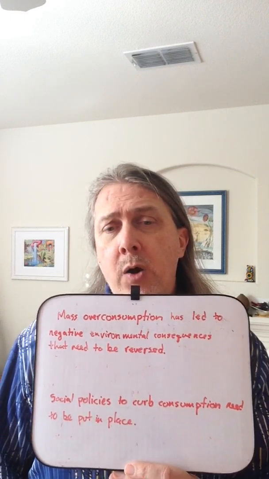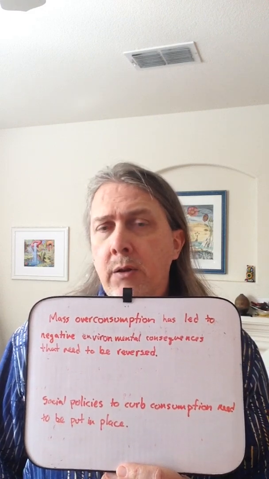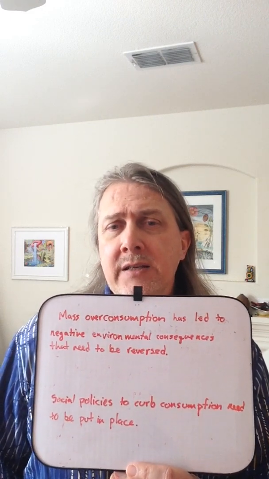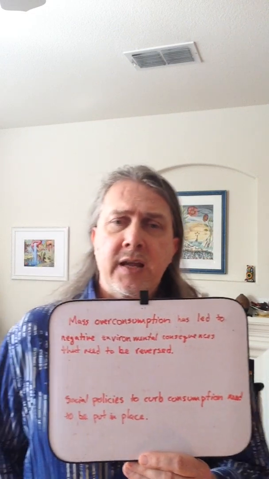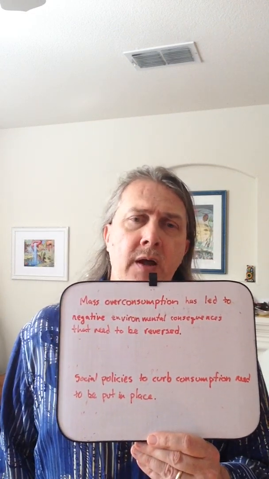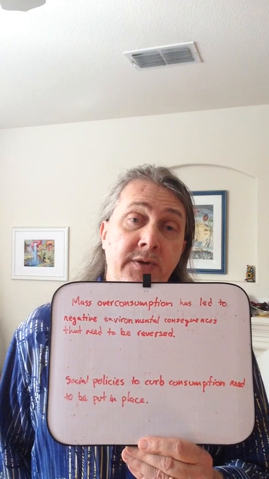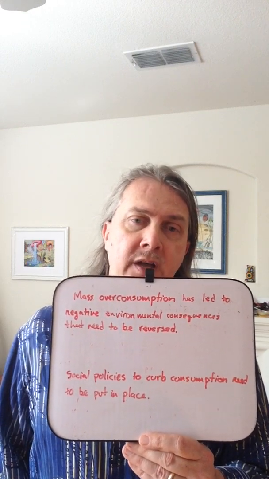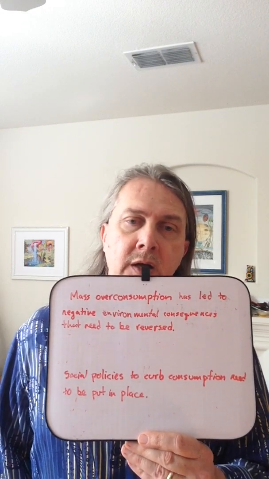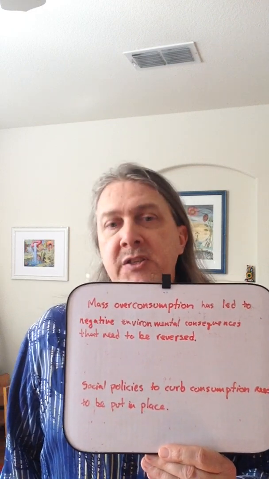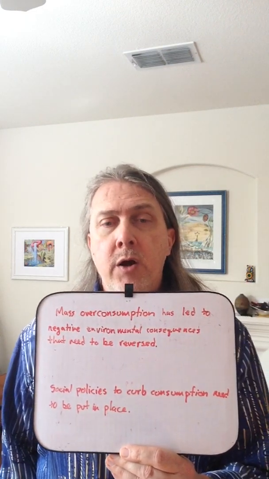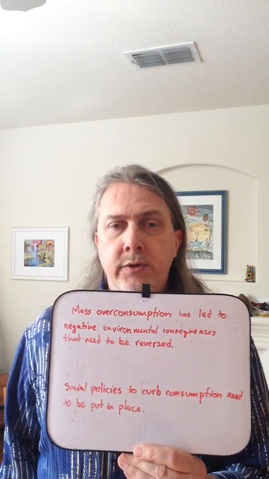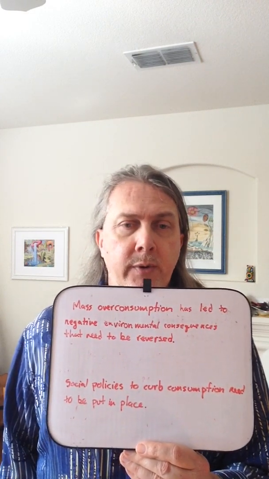Some people like to really look at that policy in depth in terms of how it might work in the United States. And some people are skeptical of it, so you could possibly take the other side, right? Say social policies to curb consumption can't be put in place because they won't work, or something like that, if you wanted to be contrary to where these articles are coming from. You could go in that direction as well.